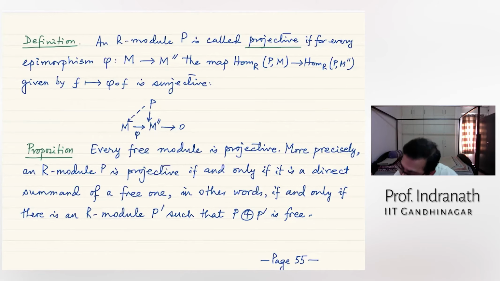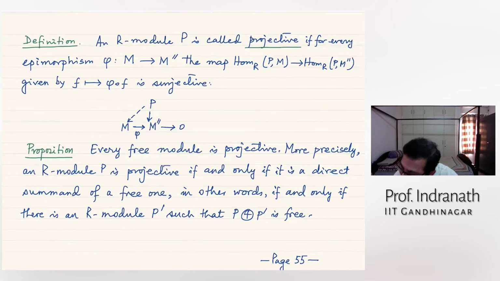Okay, so if you have an epimorphism from M to M double dash for two R modules, then whenever you have a map from P to M double dash, actually the picture, I wanted to put the arrow on that side, sorry. Then you definitely have a map from P to M. So for every phi, whenever you have an epimorphism here, then for F, you have this phi circle F. Okay.